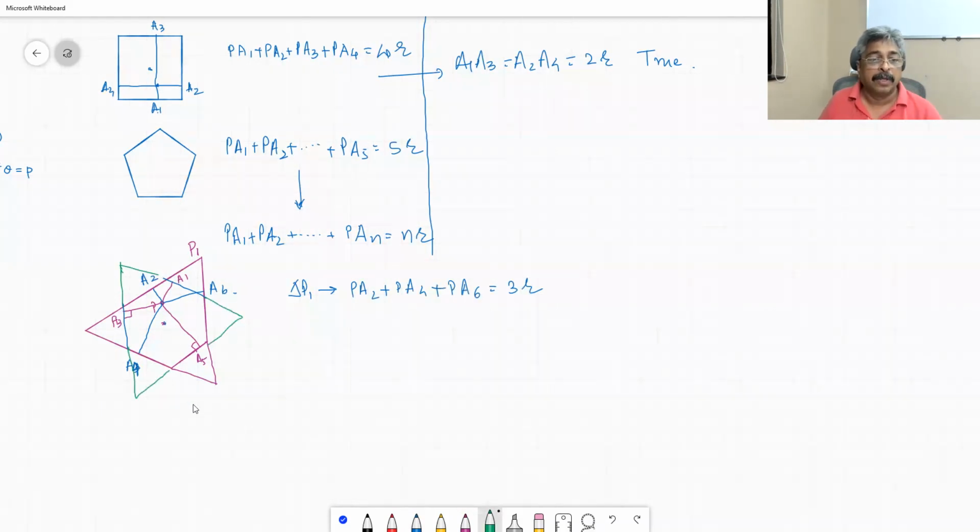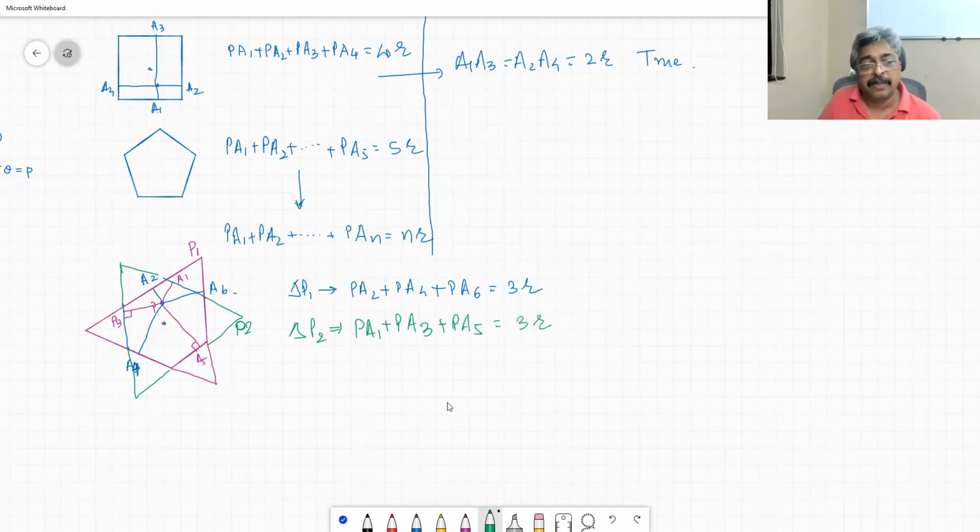Yes or no? This congruent equilateral triangle gives me PA1 plus PA3 plus PA5, which will be 3R. So for the hexagon, it is true. Again, the hexagon seems to be easy.